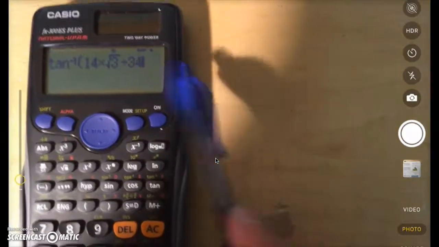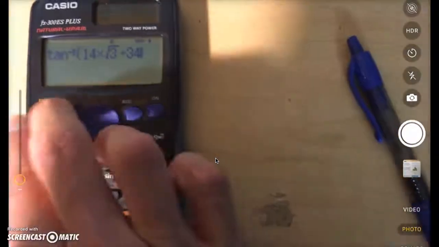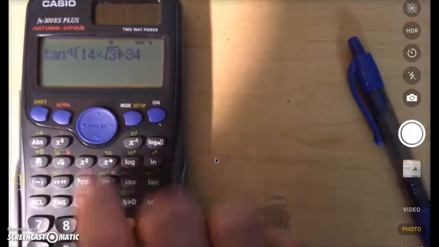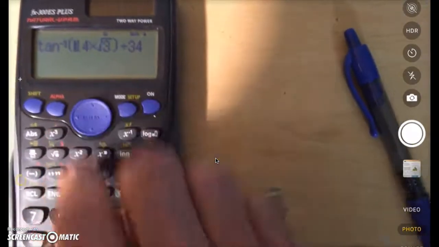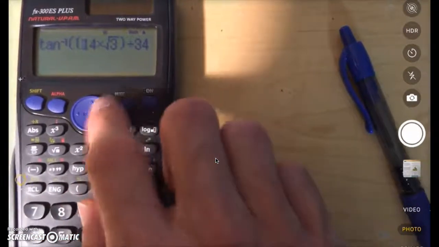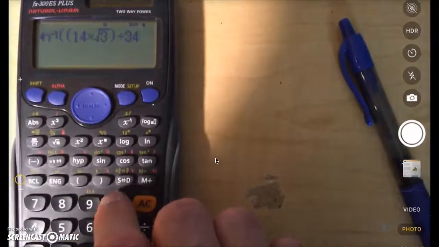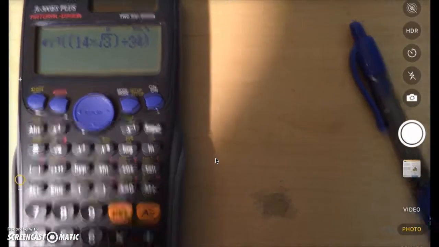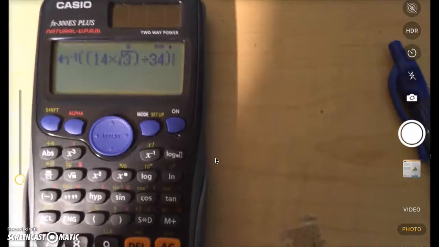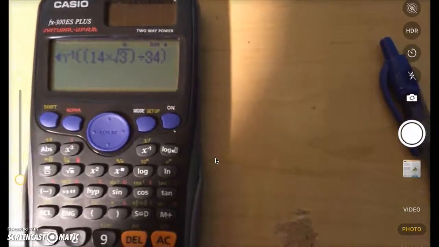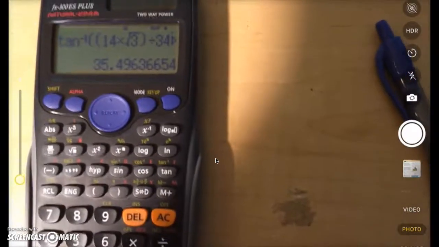So you want to make sure you group these together, 14 times radical 3, by including parentheses, to make sure the whole thing is divided by 34. Take a look at that one more time to make sure you group whatever is in the numerator properly, divided by 34. And so your angle should be about 35.5.